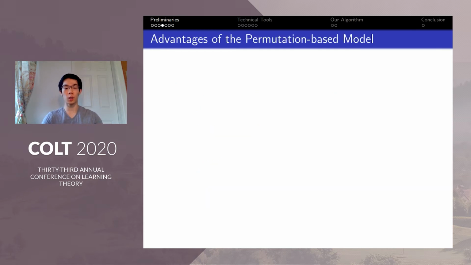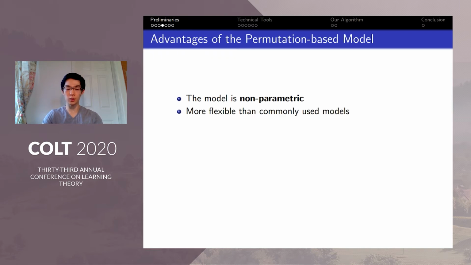The permutation-based models that we're considering here have several advantages. The most important one is that these models are non-parametric. Instead, the only assumption we're making is that there's some sort of transitivity. This means that these permutation-based models are more flexible than many commonly used models.